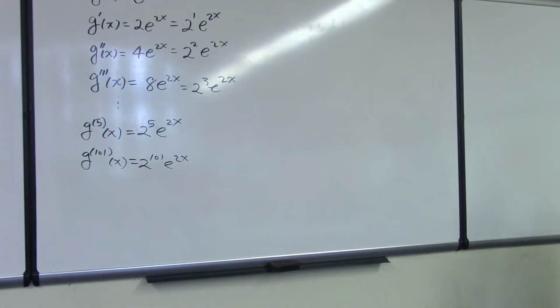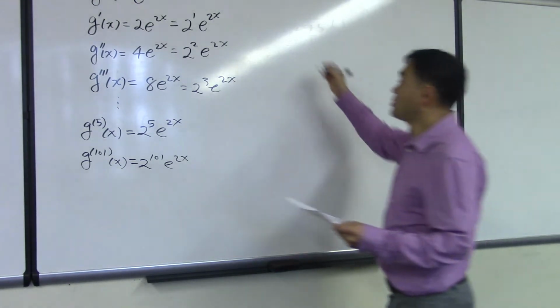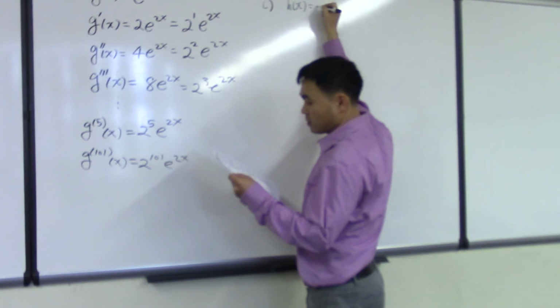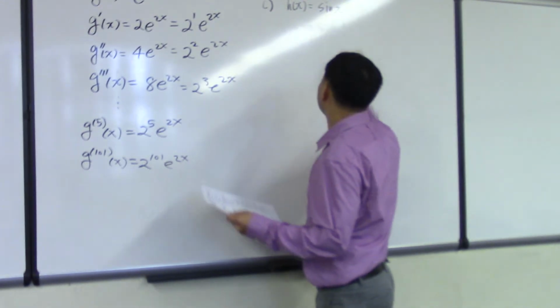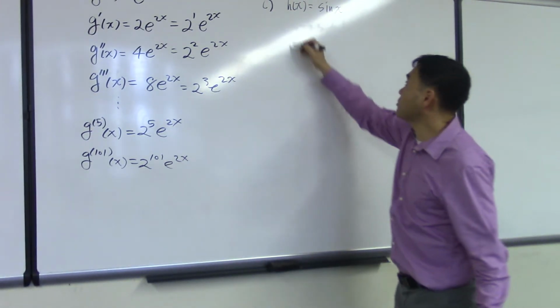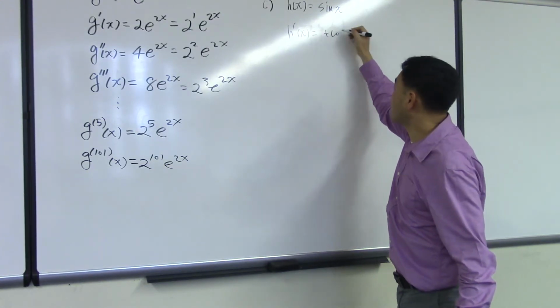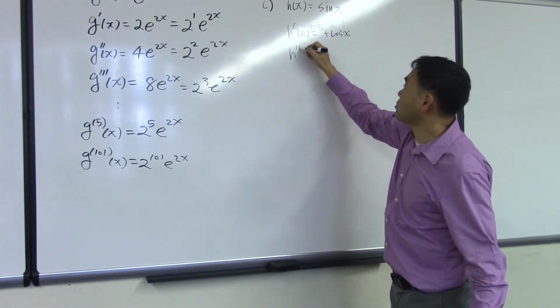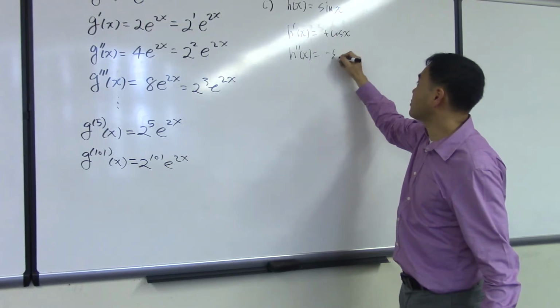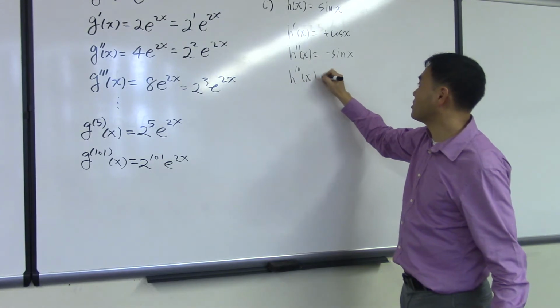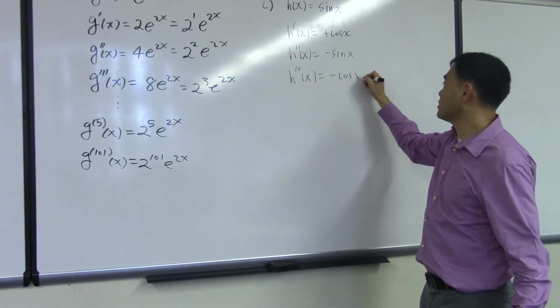Third question: h of x equals the sine of x. Let's differentiate once. That's positive cosine. H double prime of x, negative sine. H triple prime of x is negative cosine.